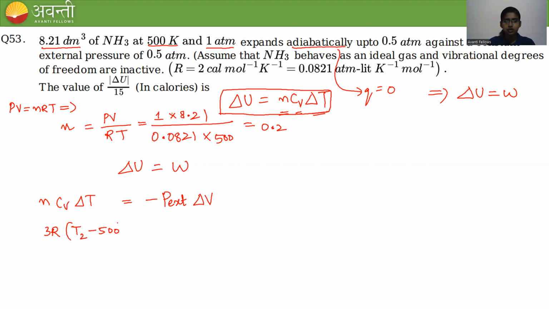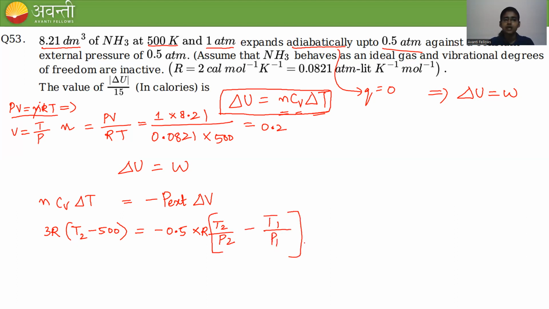T1 is 500 and T2 we have to find out, which is equal to minus external pressure, 0.5 atmospheric pressure, so it is 0.5 into this volume. So from PV is equal to nRT, n is constant and R is there. So V is equal to nRT by P, right? So instead of V2 minus V1, we can write T2 by P2, take R out. So it is T2 by P2 minus T1 by P1.